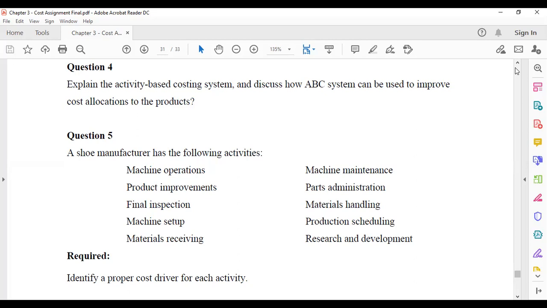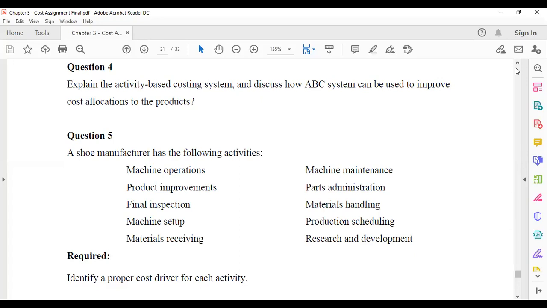And that's about the activity-based costing system. Then the question asks how this ABC system can be used to improve the cost allocation to the product. In fact, we have now discussed it. It happens in two stages, as I have told you. In ABC, in contrast to the traditional costing system, we are looking for more cost centers, in fact activity cost centers, the different activities that take place in an organization.